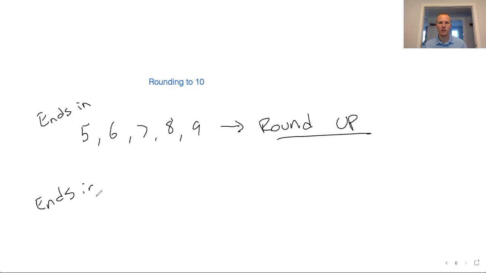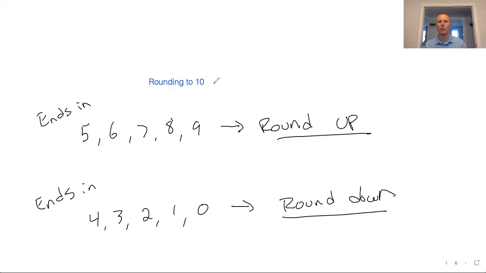Ends in 4, 3, 2, 1, 0, round down. So look at the ones place. If it ends in a 5, 6, 7, 8, or 9, you go up. If it ends in a 4, 3, 2, 1, or 0, you round down. And again, when you're rounding to 10, you look at the ones place, figure out what number is there, and then make your decision.